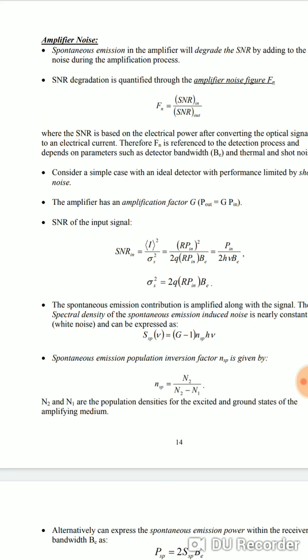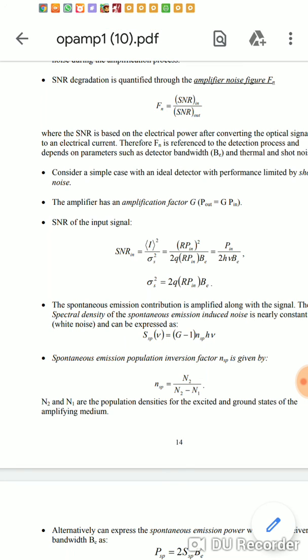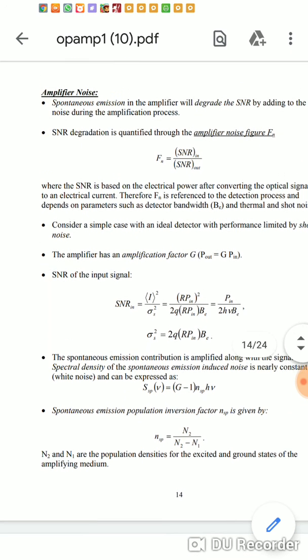That gives the final value of the amplifier noise, the same equation that we have seen for the noise figure. If the amplifier noise is more, the performance of the optical amplifier will be degraded. So these are the two important performance parameters for an optical amplifier: amplifier noise and the amplifier gain.